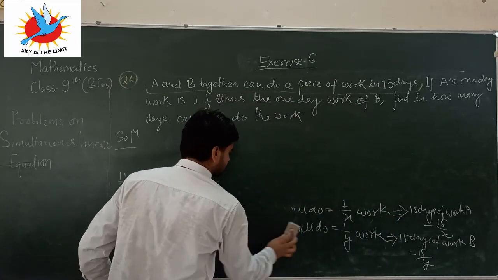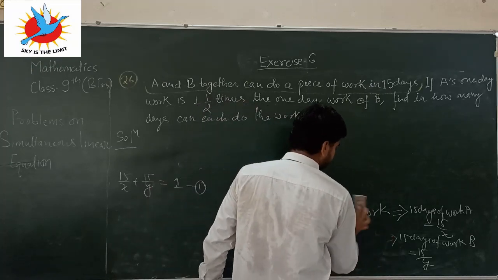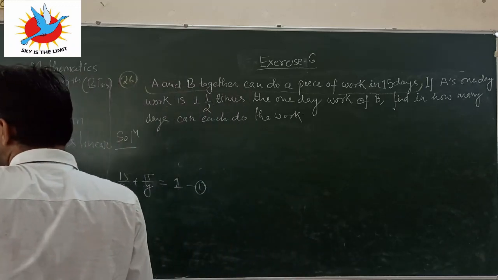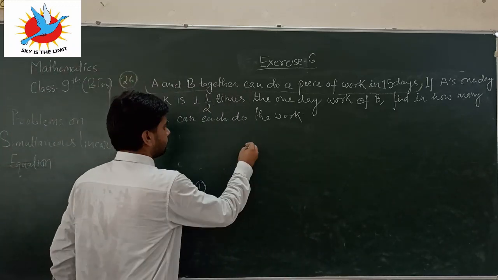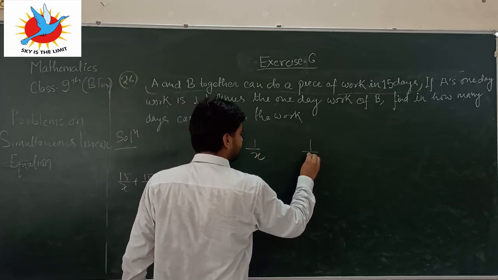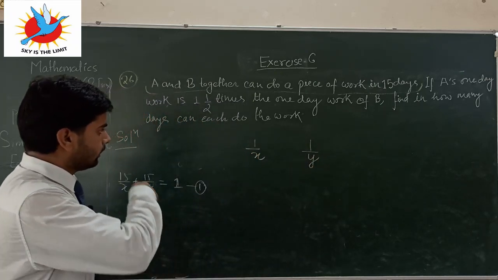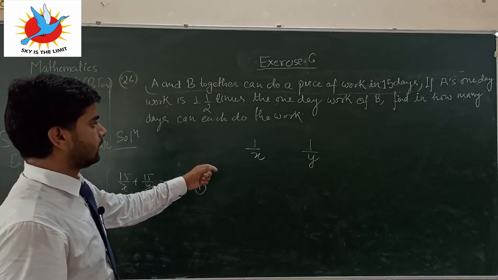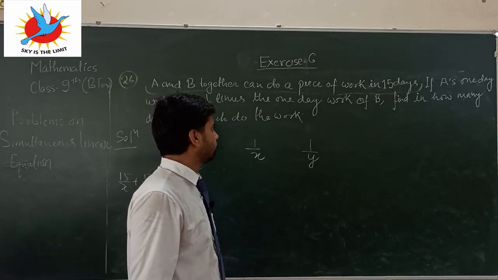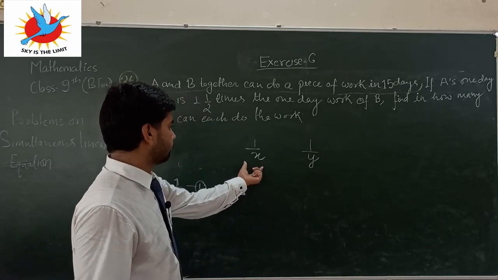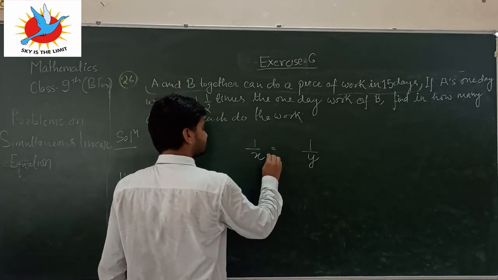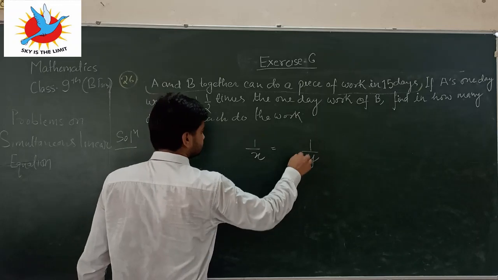Okay, so the 1 day work of A is 1 by X, and the 1 day work of B is 1 upon Y, and this 1 by X is 1.5 times B's work. That means 1 upon X is 1.5 times this work, okay.